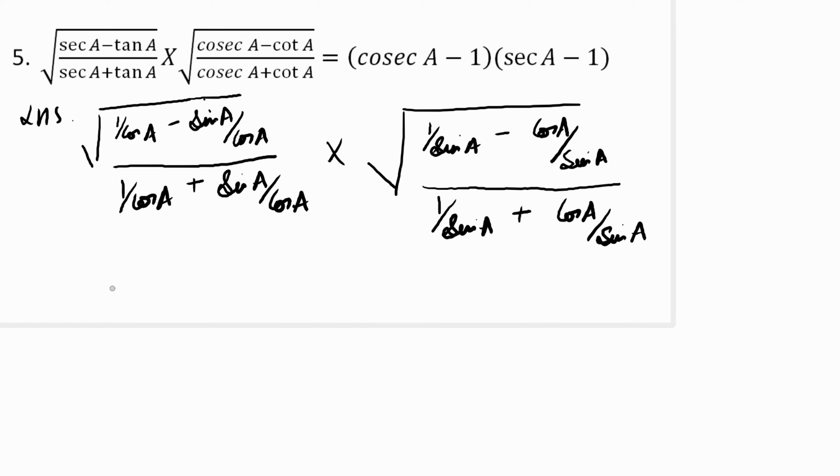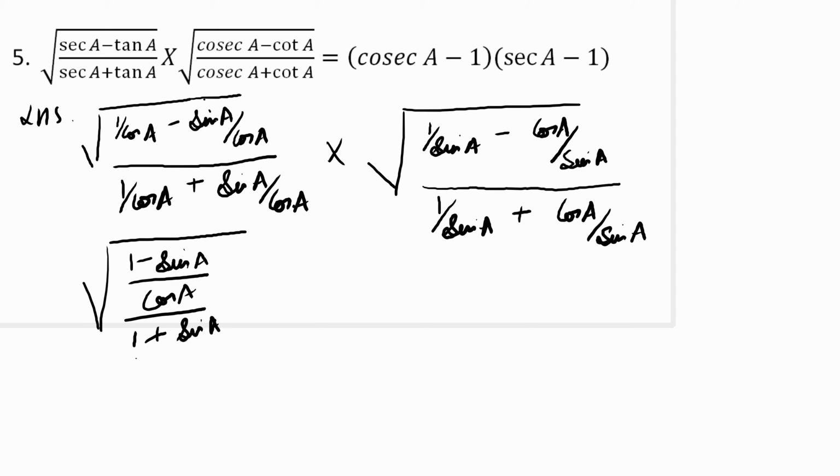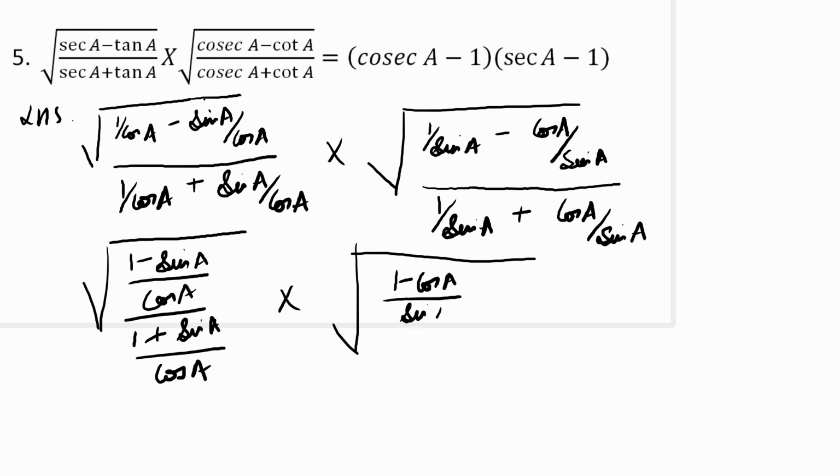So what will this become? This will become under root 1 minus sin A upon cos A upon 1 plus sin A upon cos A multiplied by under root 1 minus cos A upon sin A upon 1 plus cos A upon sin A. Cos and cos will cancel out, sin and sin will cancel out.